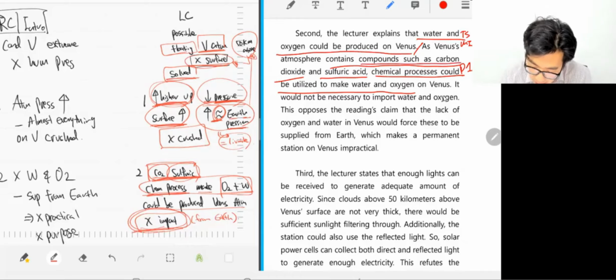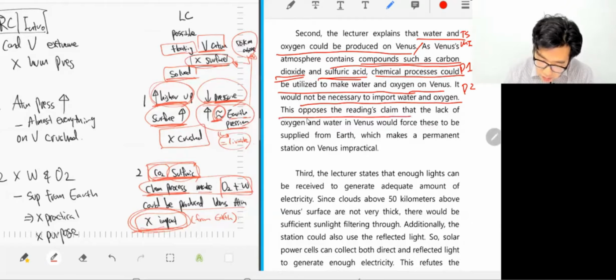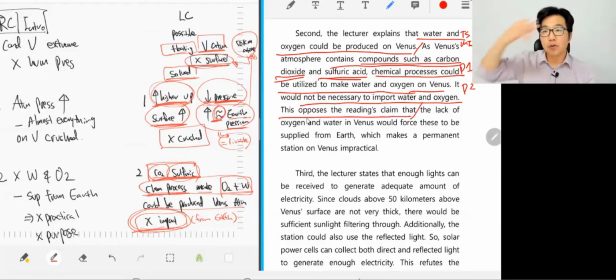They have necessary compounds or chemicals like carbon dioxide and sulfuric acid to make water and oxygen from Venus. Detail 1. And detail 2, so you don't need to import water and oxygen from Earth. Okay? Yeah, perfectly done. This opposes reading's claim that, so bridge expression template to move into the reading summary.